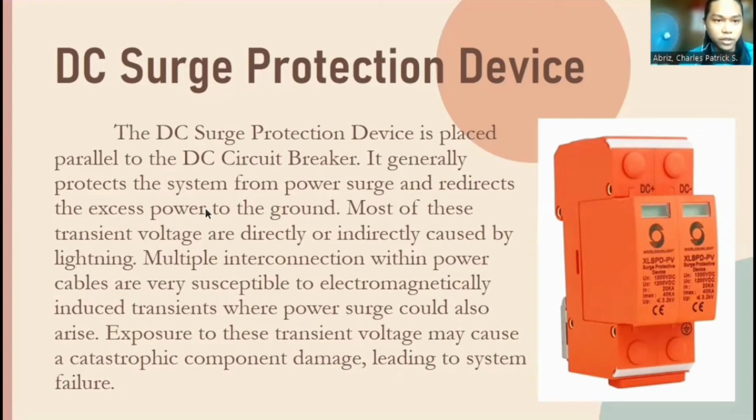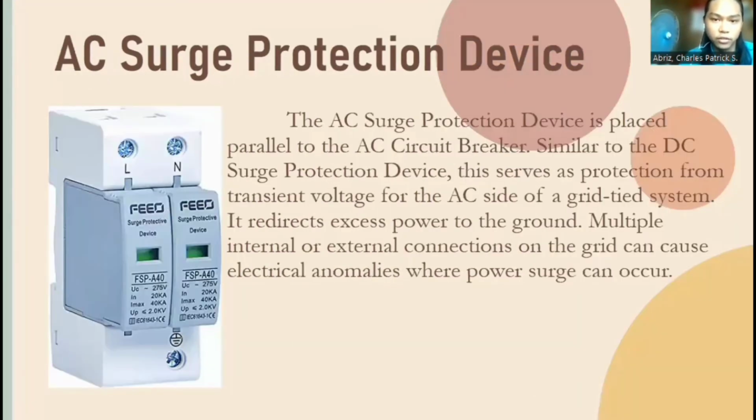Next, we have the AC surge protection device. It is placed parallel to the AC circuit breaker. Similar to the DC surge protection device, this serves as protection from transient voltage for the AC side of the grid-tied system. It redirects the excess energy to the ground.